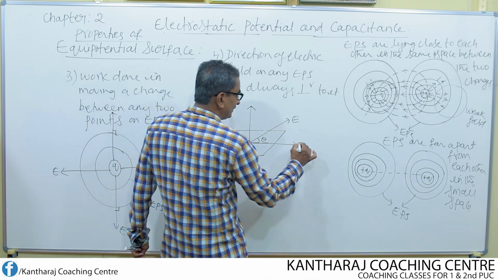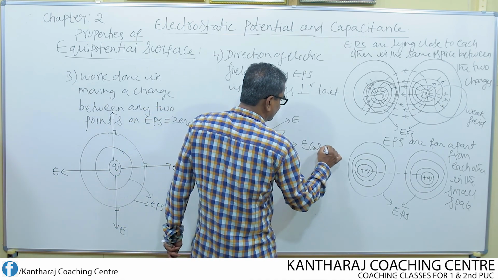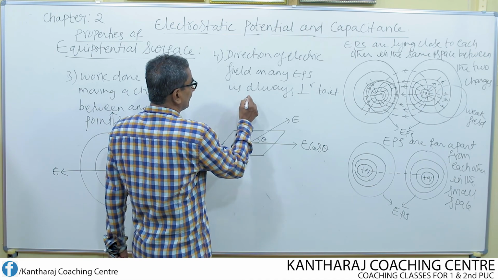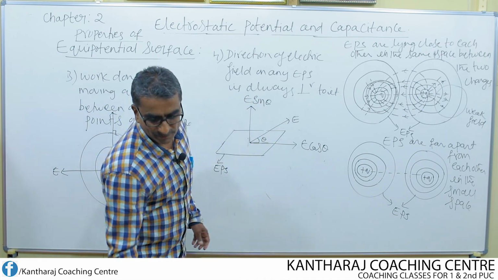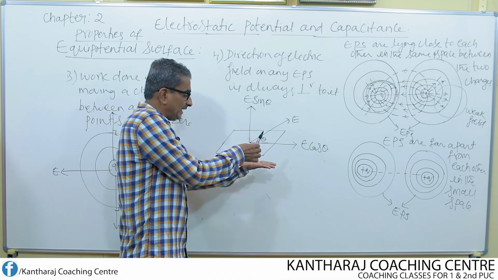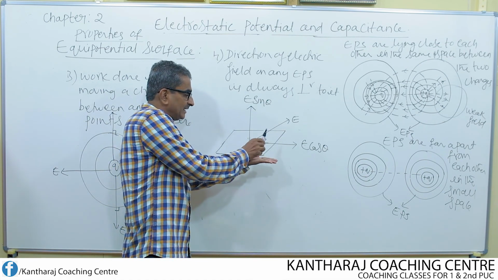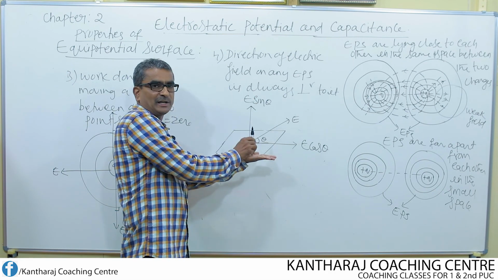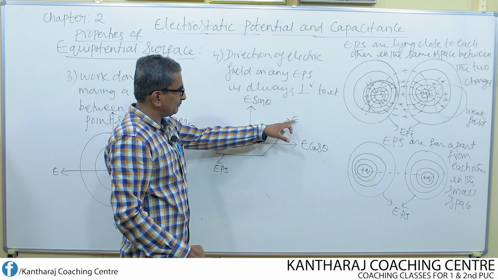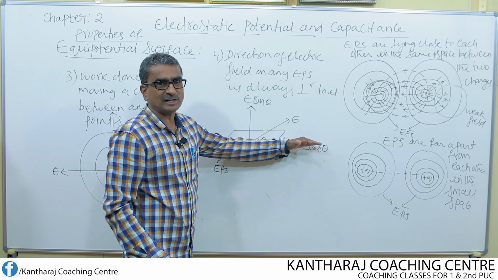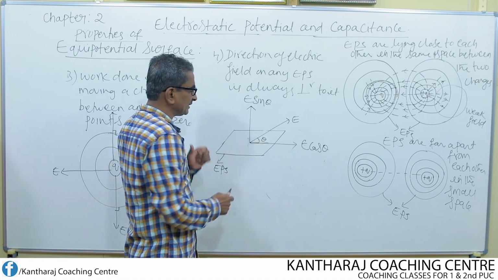The horizontal component is E cos theta, and the other becomes E sin theta. This happens only if the electric field is inclined instead of remaining perpendicular to the equipotential surface.